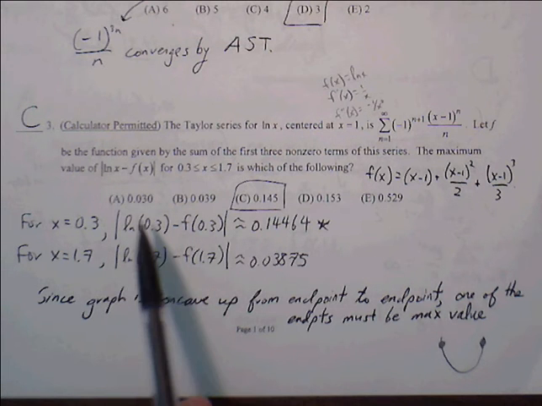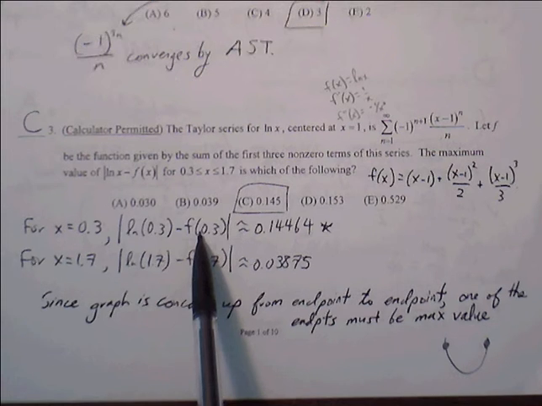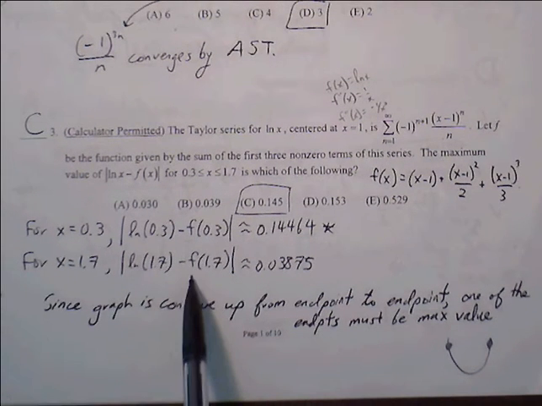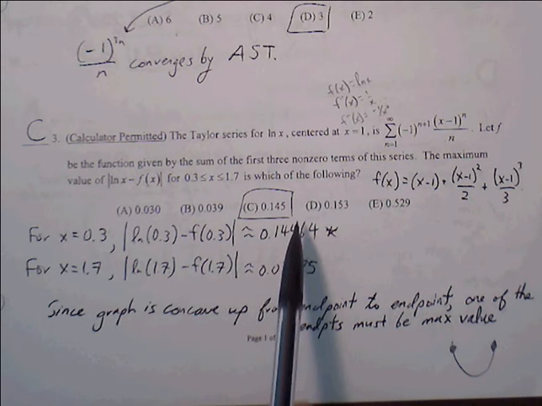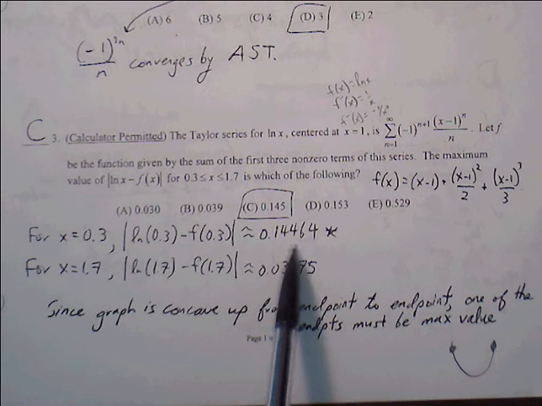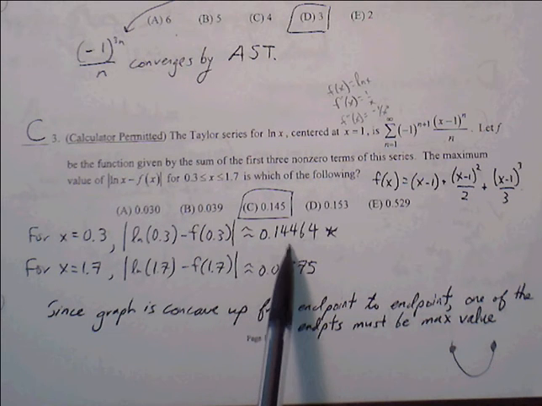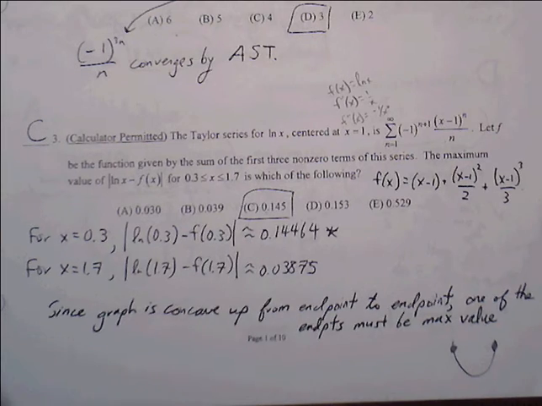So now we plug in natural log of 0.3 minus f of 0.3 versus natural log of 1.7 minus f of 1.7, and we just have to compare which of the two creates the larger value, and at 0.3 the larger value will be 1.45, which is greater than 0.038.